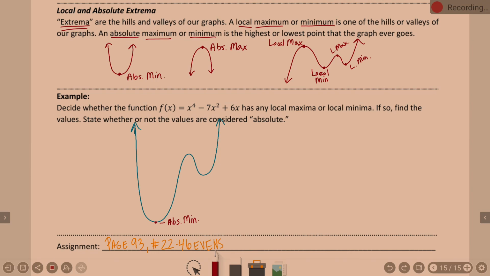So first question, left bound. If I'm trying to find this minimum right here, I'm going to move my cursor to the left side of that minimum. It doesn't matter how far left of it, but left of it. And then we're going to hit enter. Then it's asking me right bound. So now I'm going to move my cursor to the right of that minimum spot, and I'm going to hit enter.